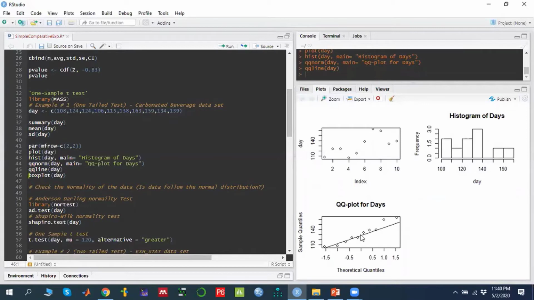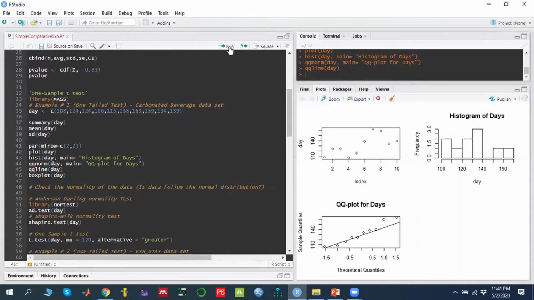If all the data points lie on this line, then we will say the data is normally distributed. If the data points are far from this line, then we will say the data is not normal. Again, this is a descriptive approach. We cannot be 100% sure whether the data is normal or not, but we can form some hypothesis by seeing this. It looks like the data is normally distributed.